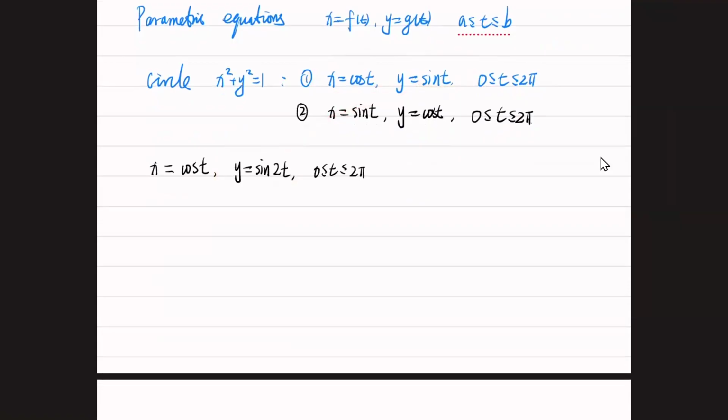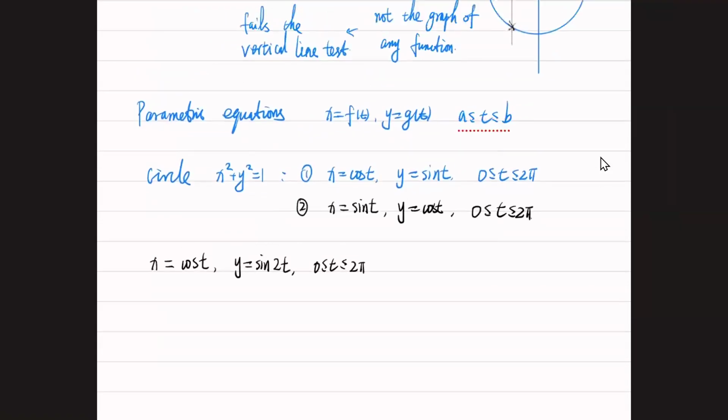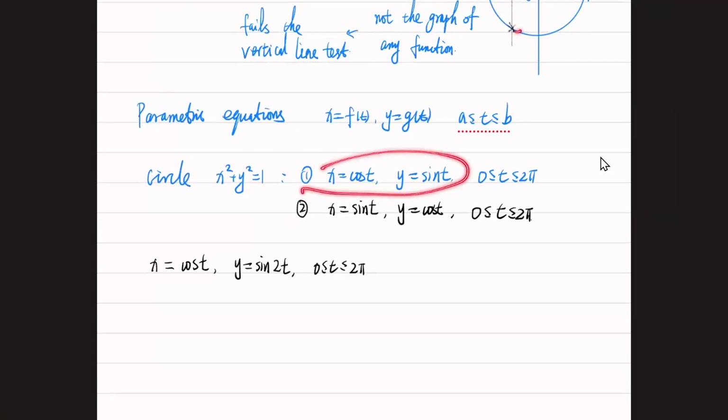Okay, Zichen, what would you say? For this one, we know it's a circle. What about this one? Guess. Oval. Okay, okay. And you? Huh?